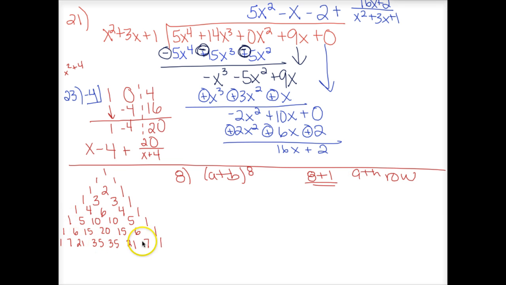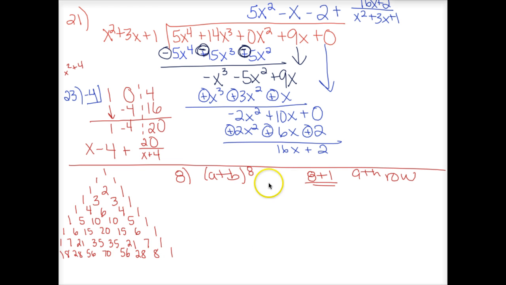I actually need one more than this because this is the 8th row. 1, 2, 3, 4, 5, 6, 7, 8. So 1, 8, 28, kind of squishing it in here. Then this is 56, 70, and then remember it repeats on the way back down: 56, 28, 8, 1.